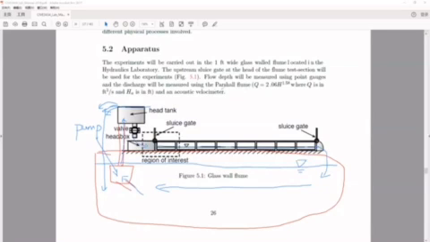We also have a partial flume in this experiment. It's not in the sketch, but I will explain the idea. The partial flume is a device that can empirically measure the flow rate in the channel.